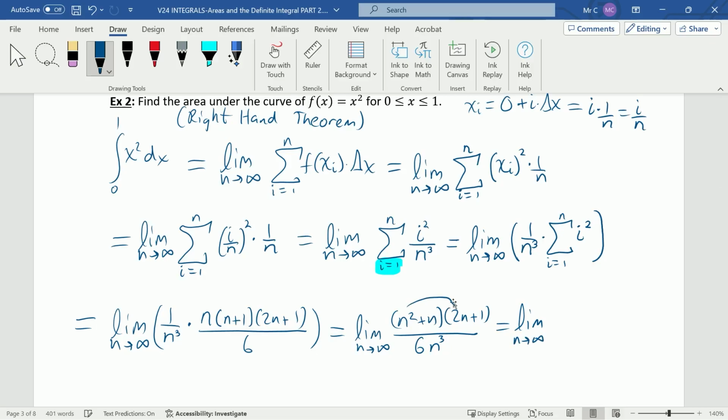And here we get n squared times 2n, that's going to be 2n cubed plus 2n squared plus n squared plus n, all over 6n cubed.